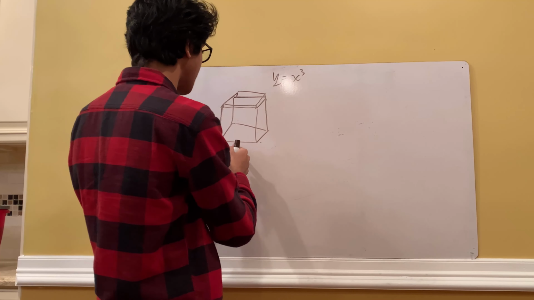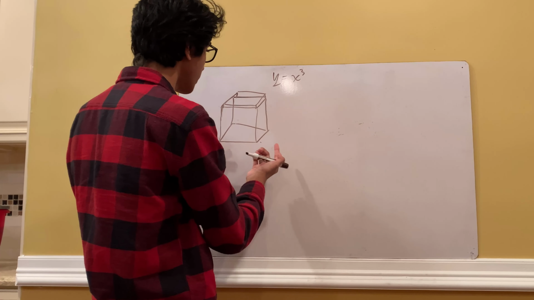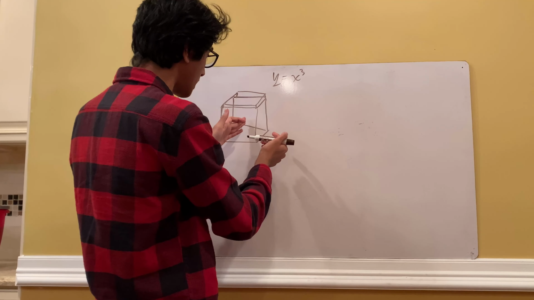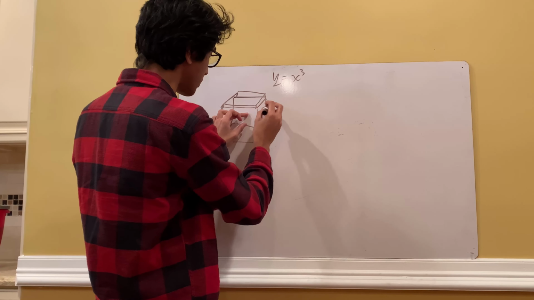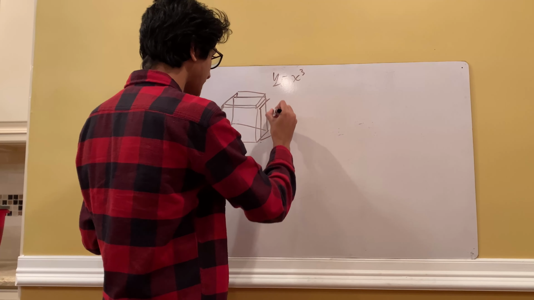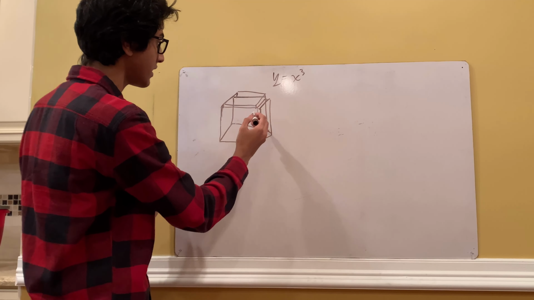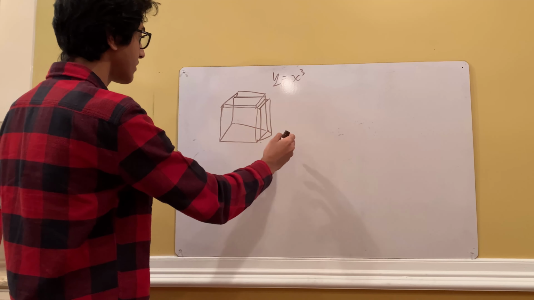And now let's increase this x value, this length. This would be the width. This would result in a plane this way, a little increase in the area this way.